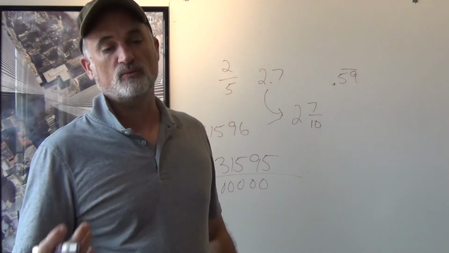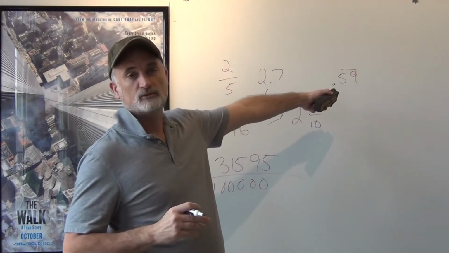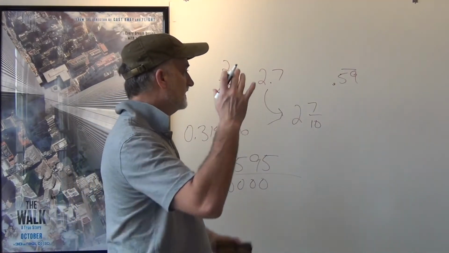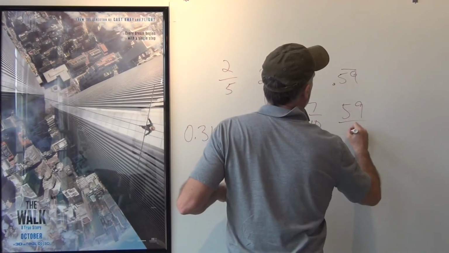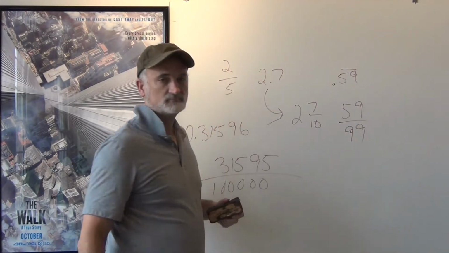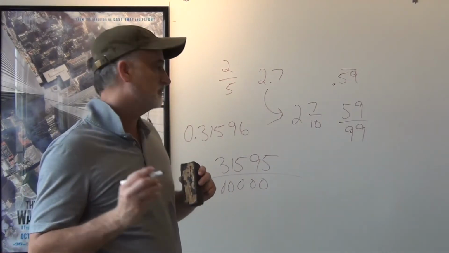Those are also rational numbers. So, and we could also turn that into a fraction as well. Now, I don't want to get into how you do that, but it would be 59/99.